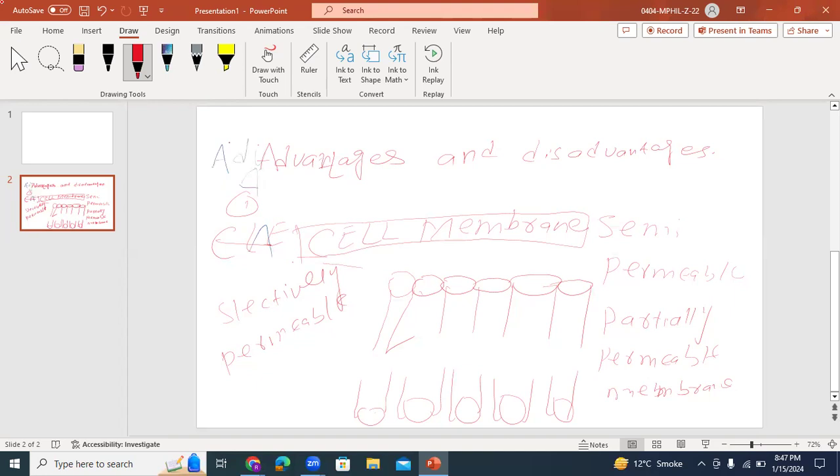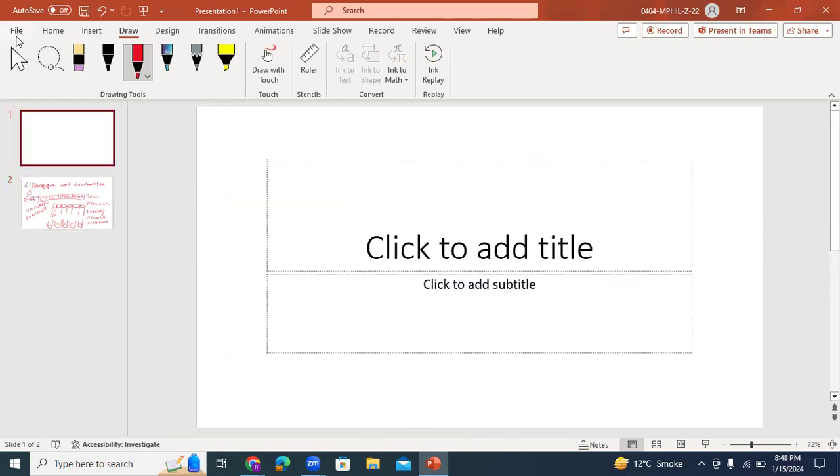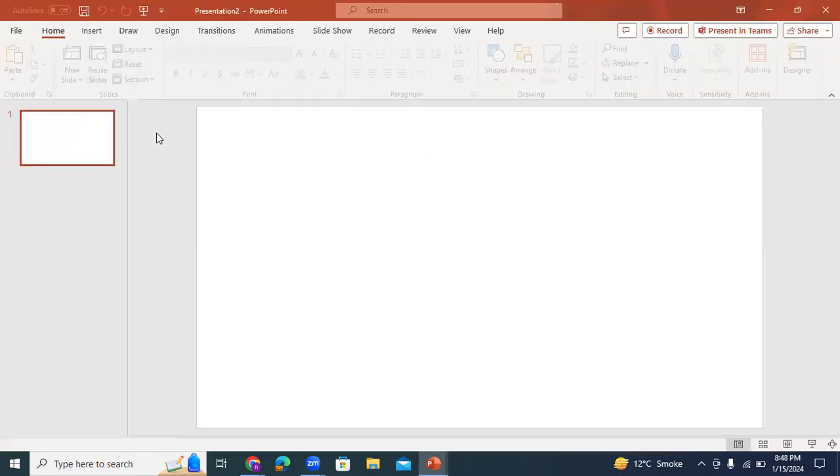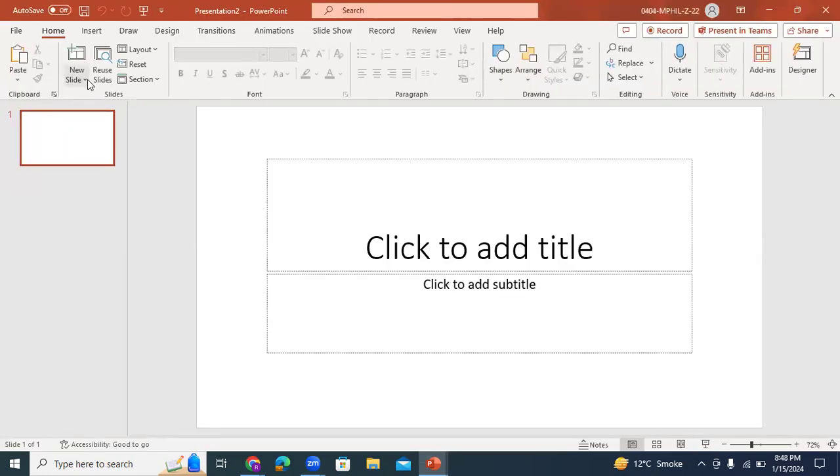Now we will talk about its chemical composition. What is its chemical composition? It is mainly composed of the phospholipid bilayer.